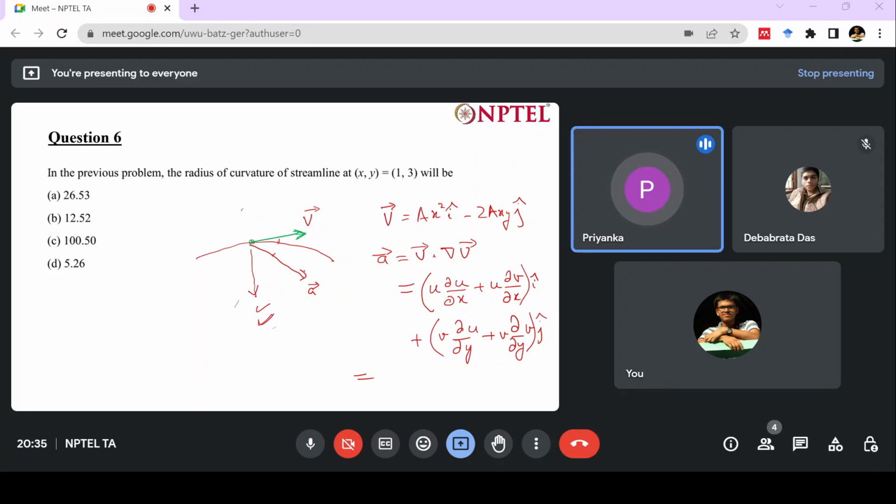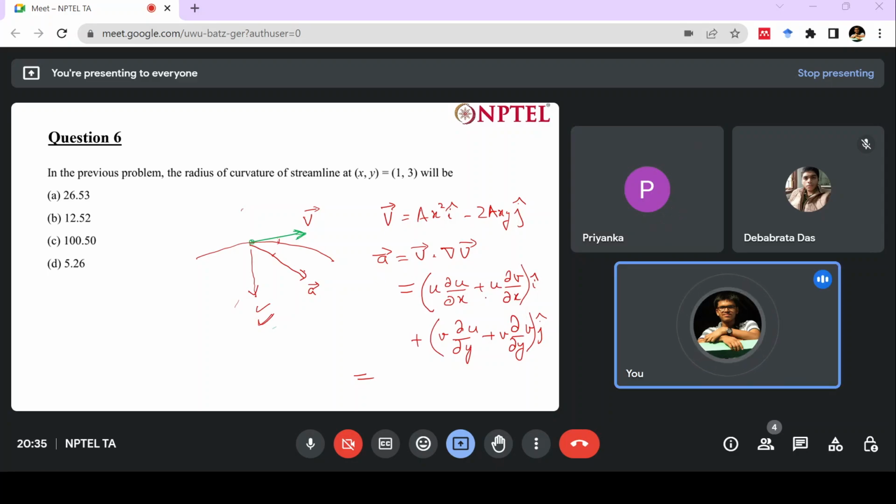Is it 2a square x cube, sir? So 2a square x cube. So let's see, del u del x is 2ax, and del v del x, this is 2ay minus 2ay. u is ax square, so this first component is ax square into 2ax.